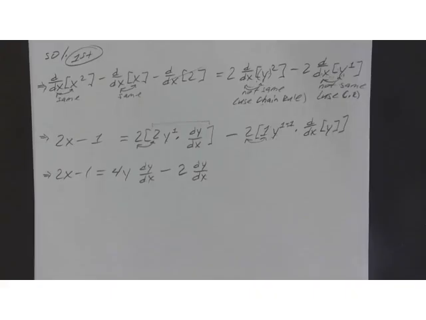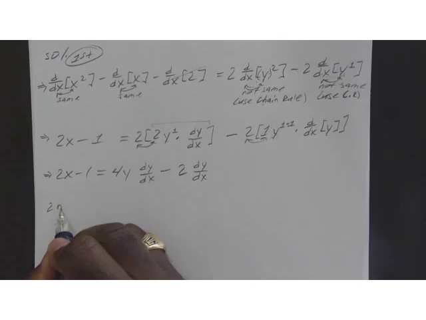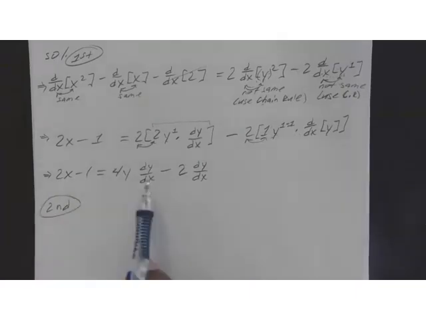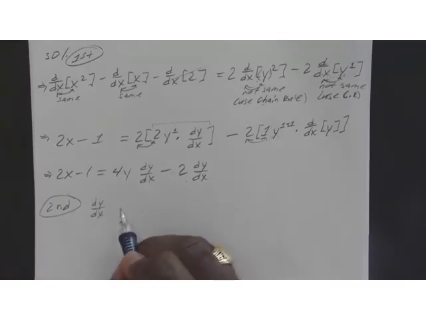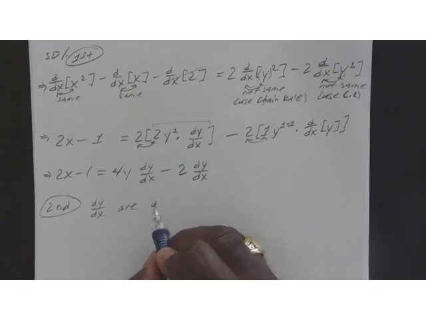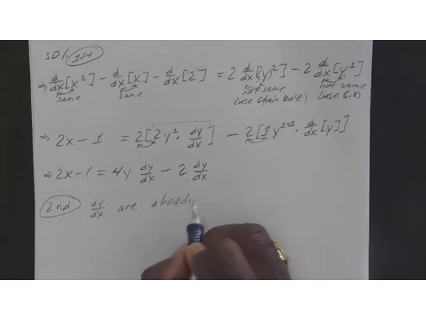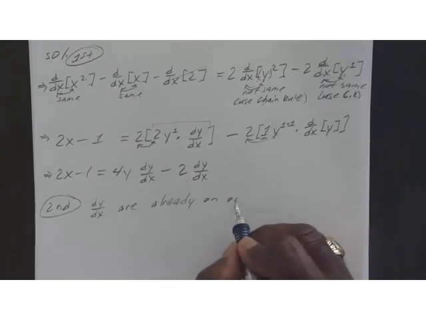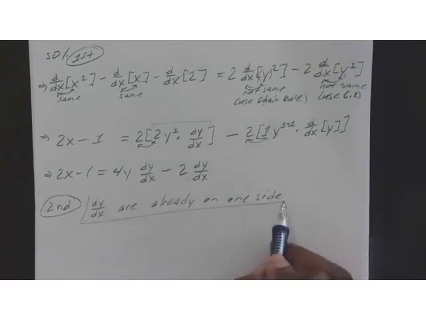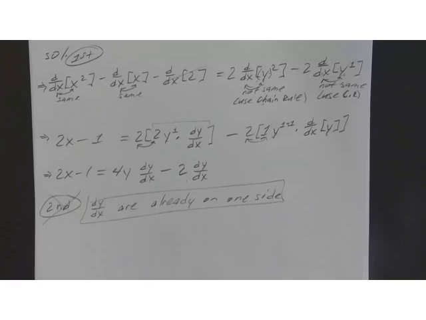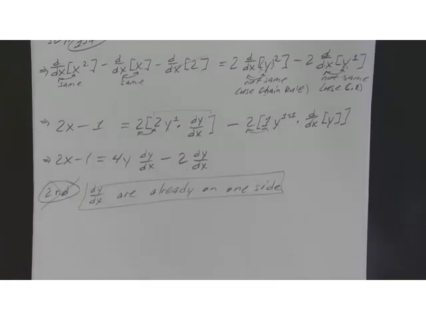Okay. Now with this one, we can skip the second step because your dy dx, they're both already on one side. Okay, so we can kind of skip that step.